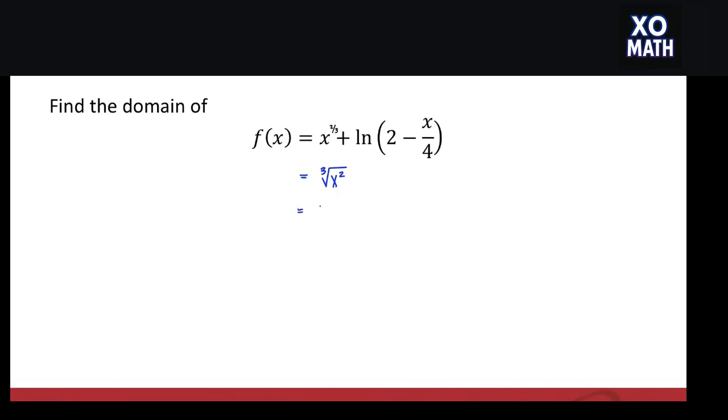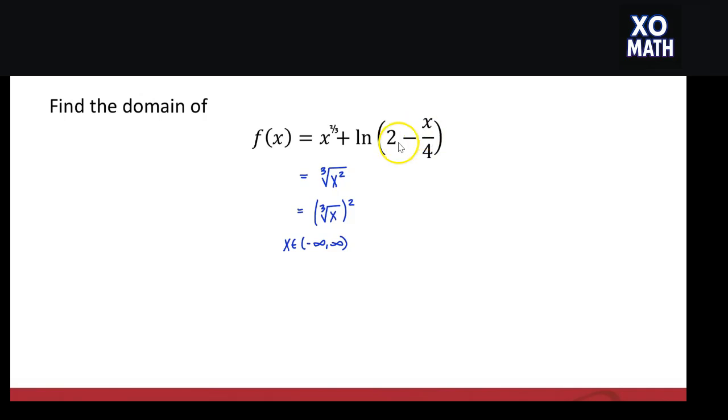We could think about this as the cube root of x all as a quantity squared. So basically here, since this is an odd root, that means x can be any number, positive, negative, or 0. So the domain of this odd root function is all real numbers. So we'll go ahead and write that, x values in negative infinity to infinity.